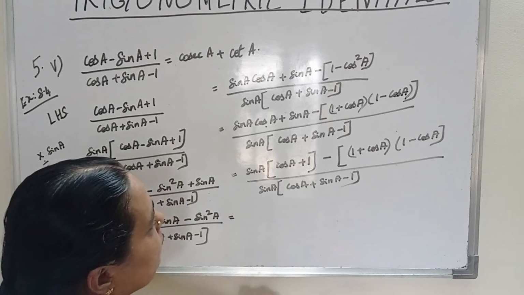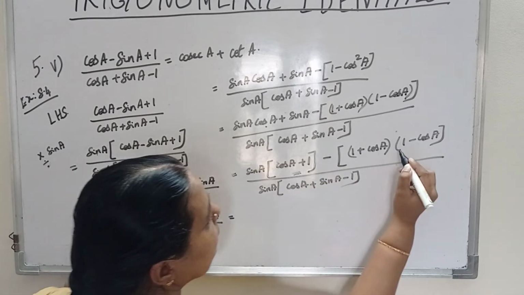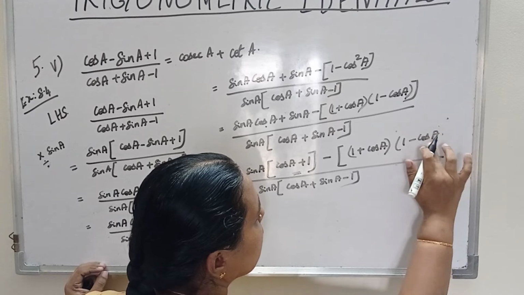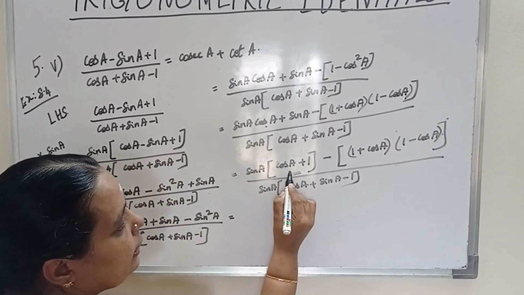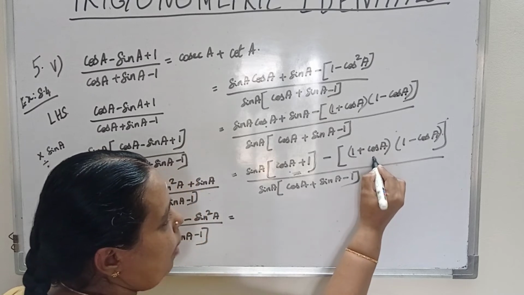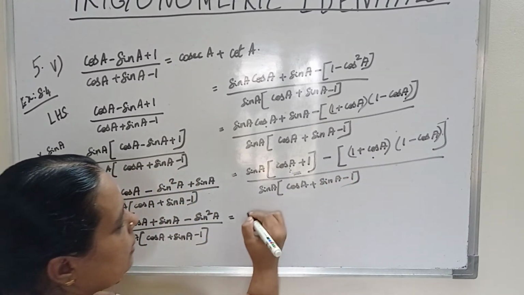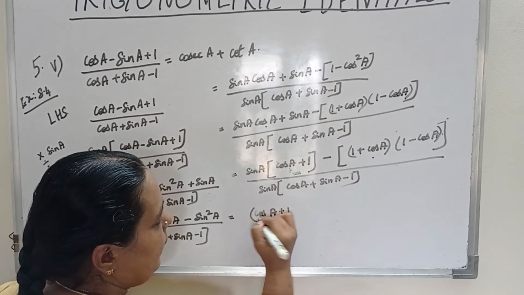Again, in the next step, we have cos A plus 1 and cos A plus 1 as common. We have cos A plus 1 here and cos A plus 1 here as common. So we will take this cos A plus 1 outside.